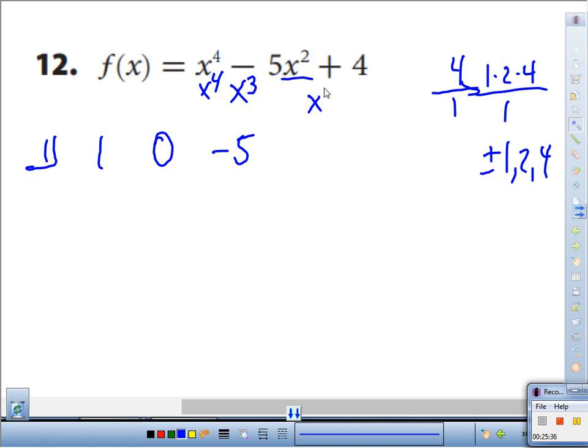X to the 1st. Is there an x to the 1st? So what do I write? 0, and then you write positive 4. Sorry. That's why some of you got stuck, because you remember that the practice was in standard form and fill in the gaps for whatever's not there. All right? And of course, the rest of it is the same way.